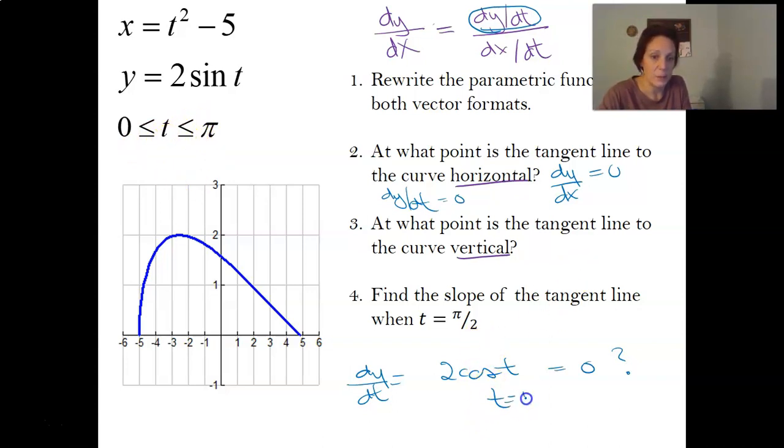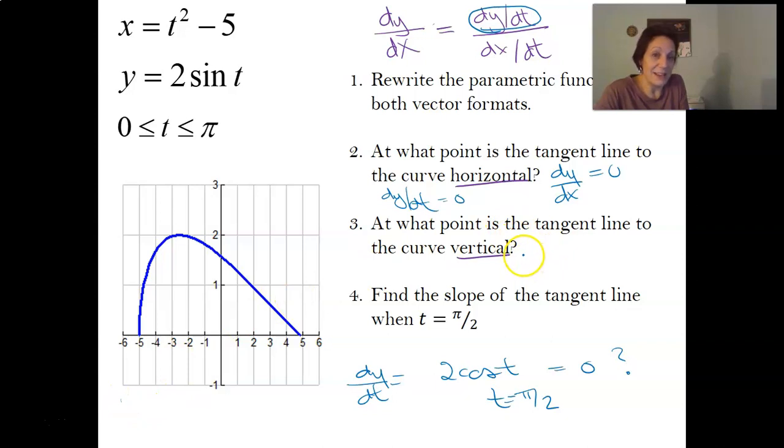So at t equals pi over 2. That must be up here somewhere. So the only thing we have to do is verify that my x value isn't also going to be 0 at that point. So I'll find my dx dt and make sure it's not also 0.